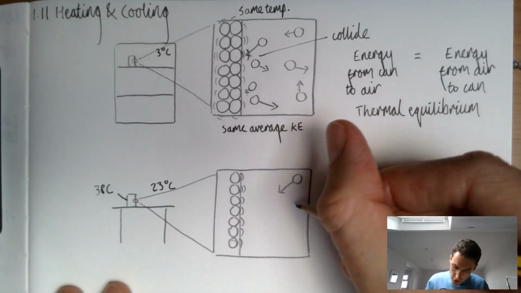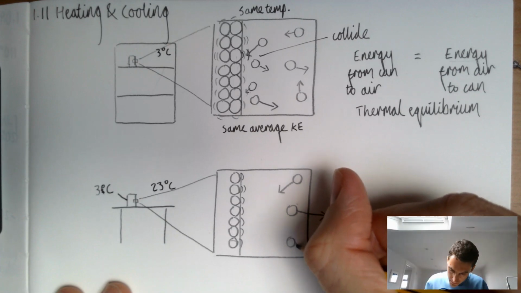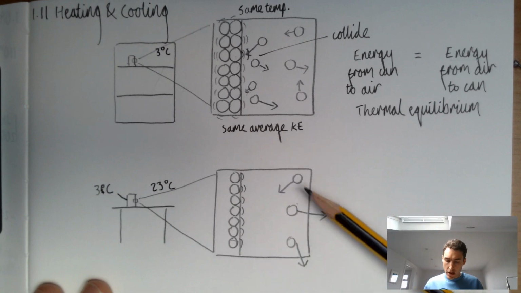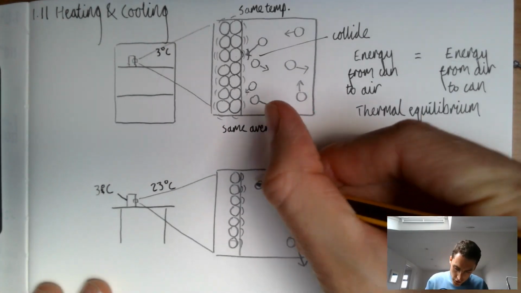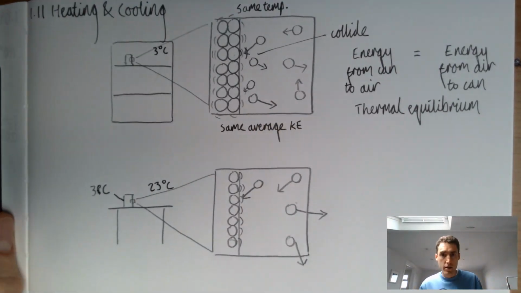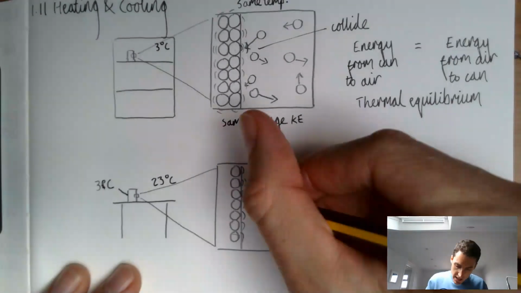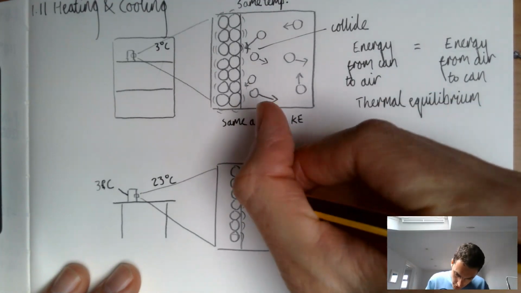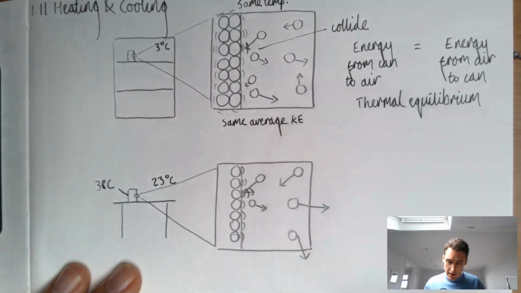So what I'm going to do is draw a few just over here like this and show them with longer arrows like that. And then I'm going to say, well, okay, if on average they all have quite a bit more energy, then most of the particles, when they collide with particles from the can, what they're going to do on average is bump into the particle in the can, make it vibrate a bit more, so I'll show some more vibrations there, and they're going to lose a bit of energy like that.